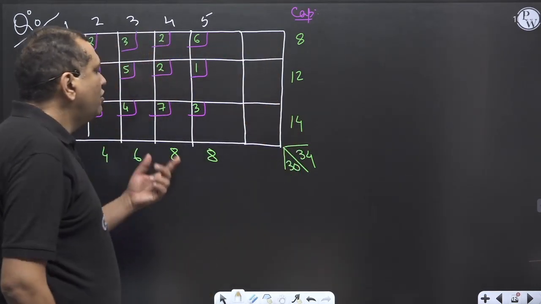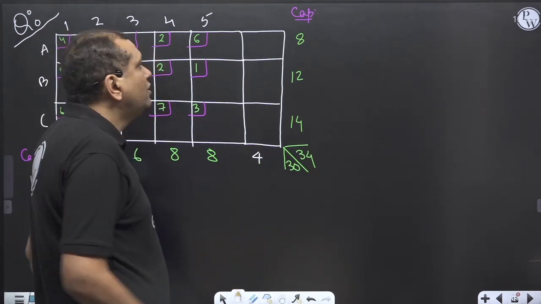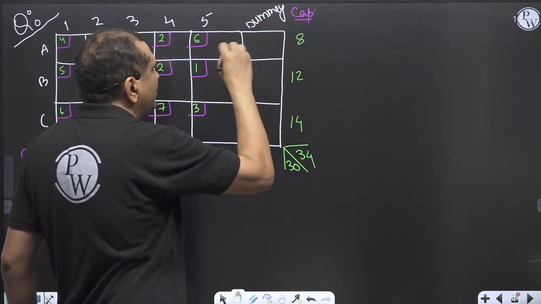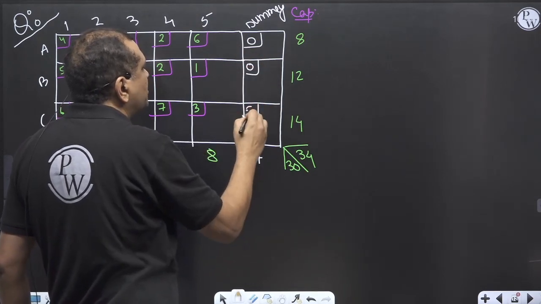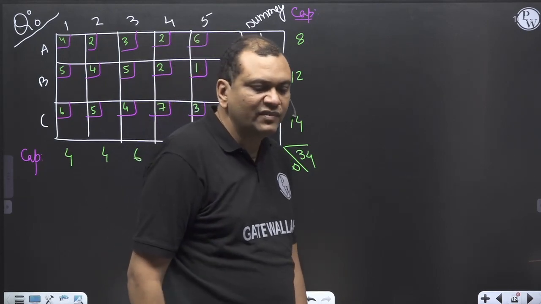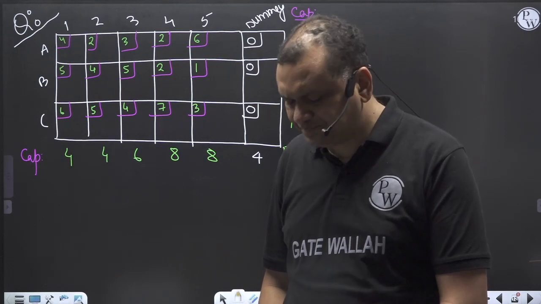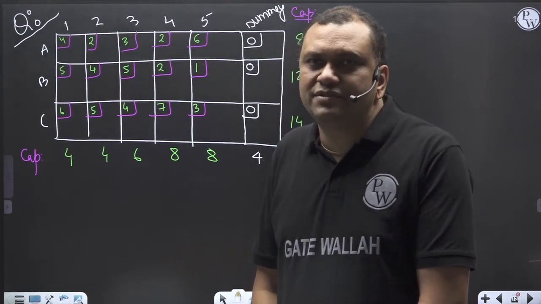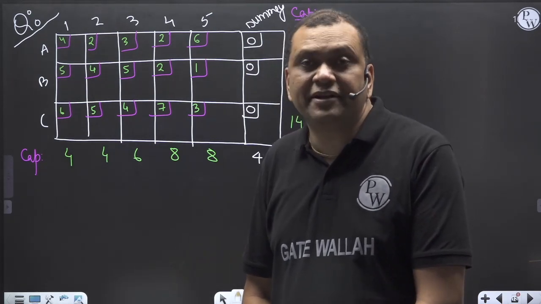Because the column is falling 4 short, I will add a dummy column, and the dummy column will have 0 transportation cost. I will use dummy rows and dummy columns to make the transportation matrix balanced.